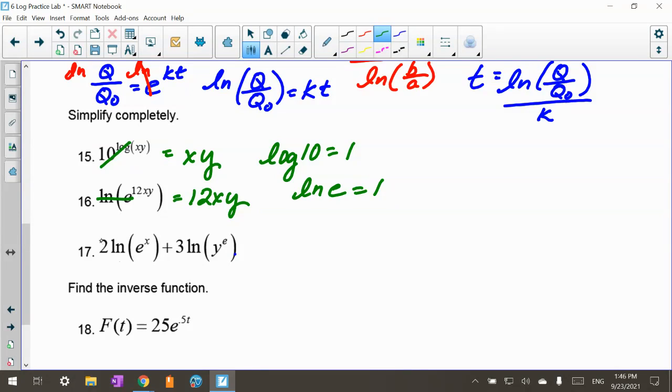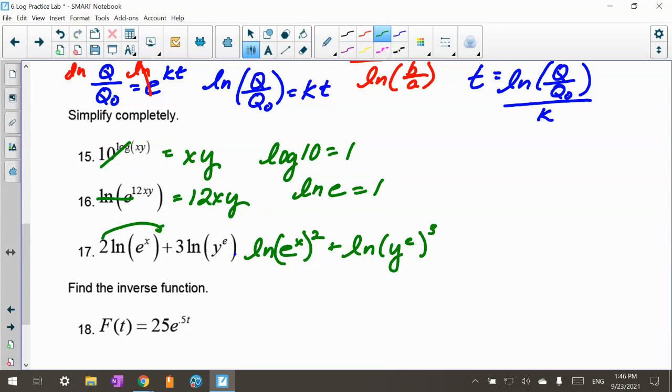First thing I did was I brought the 2 back up here as it was, so I have the natural log, because you can't just cancel this with that 2 there. Natural log of e, okay, and it's going to be to the x, and then it's going to be squared, so I'm just bringing it up there, plus the natural log of y e cubed, okay?